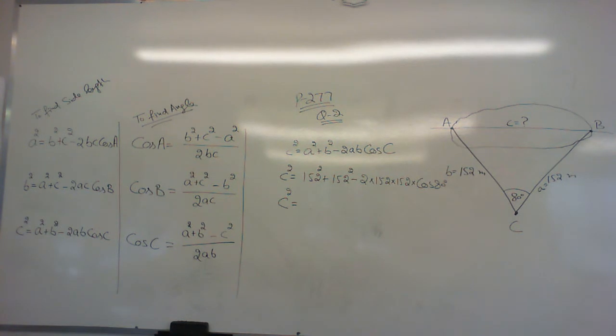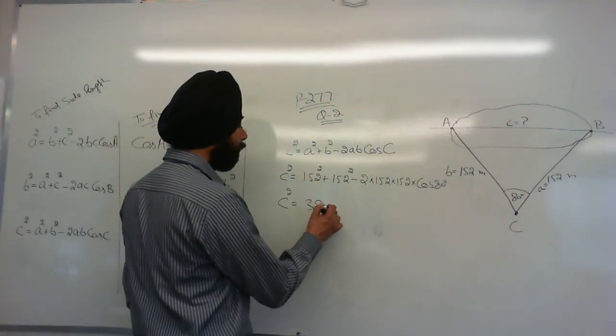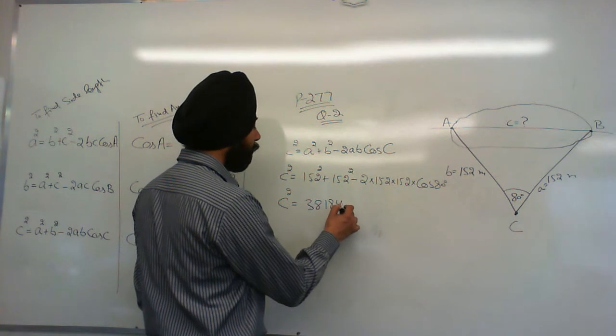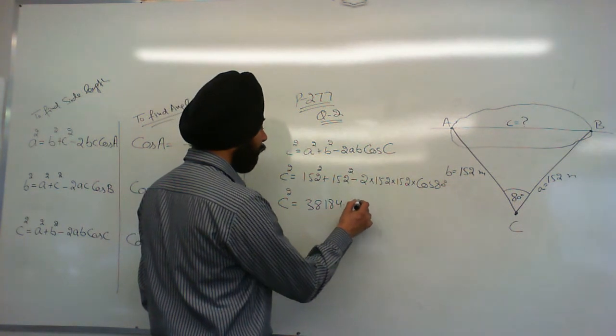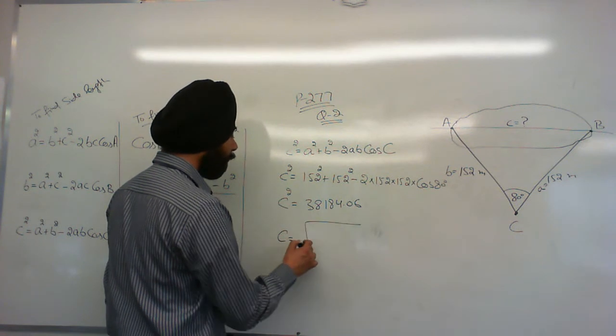Okay, I'm getting... I did that, and I got 38,184.06. Okay, and what will be c? You have to square root it.